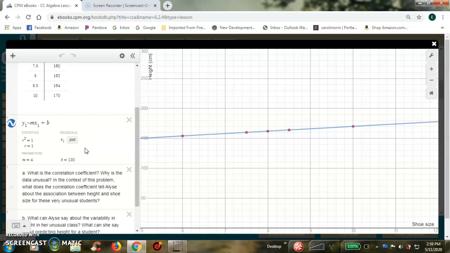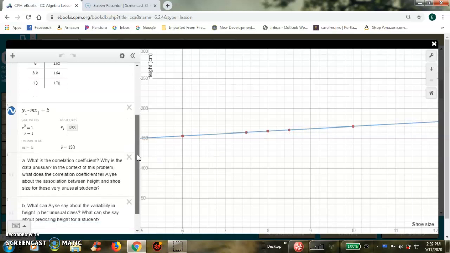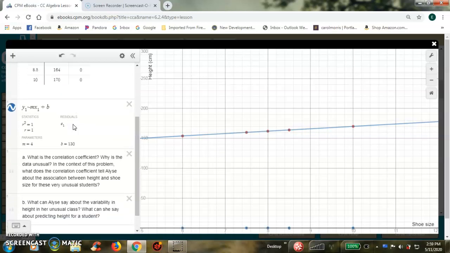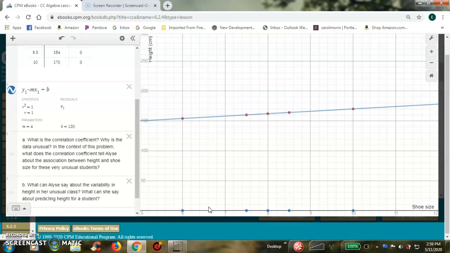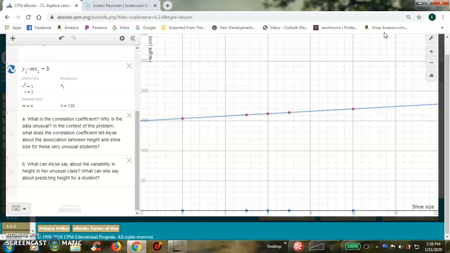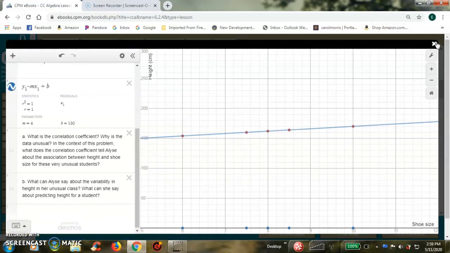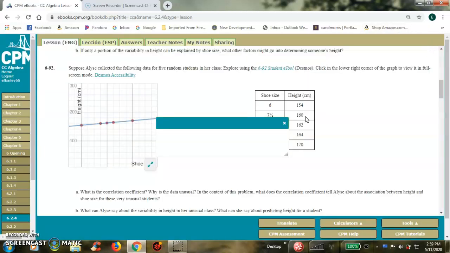I'm hoping you can see that makes sense because every single point is on the line. If we were to plot the residuals, you can see that the residuals are all right on the 0, so there's no variability. The residuals are all 0. Does that make sense? And again, this is not realistic at all, but it's just to make a point.